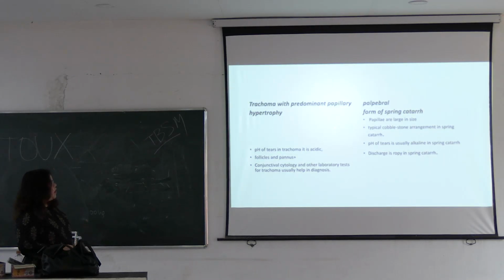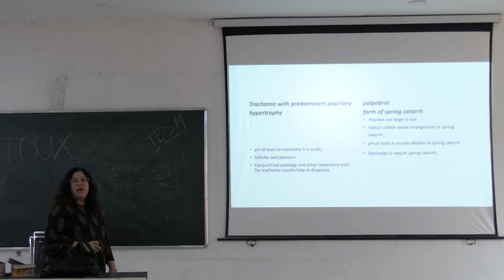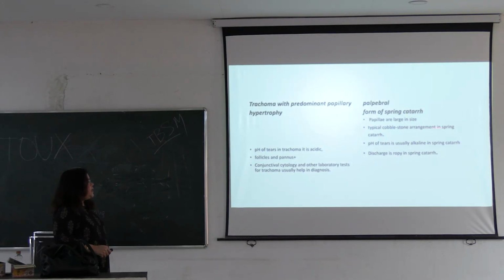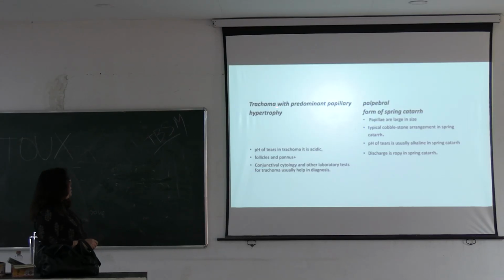Then trachoma is also differentiated from conditions with predominantly papillary hypertrophy. Papillary hypertrophy is also present in spring catarrh, the most common type of allergic conjunctivitis. It mostly occurs in the summer season. Here the papillae are large in size, with a cobblestone appearance. The pH of the tears in spring catarrh is alkaline, and the pH in trachoma is acidic.